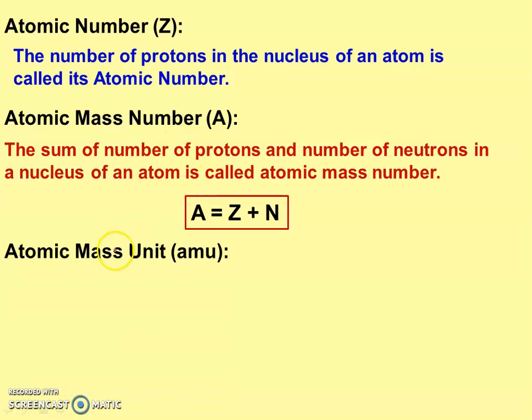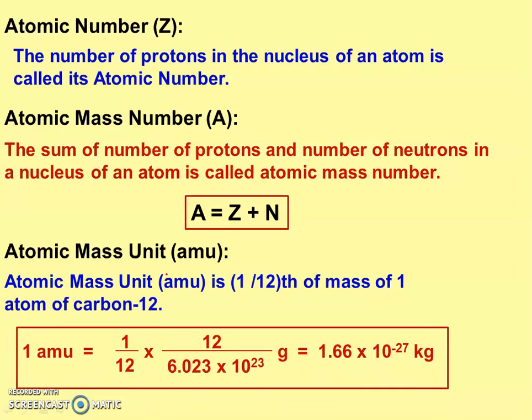Now, atomic mass unit. This is called the unified atomic mass unit. This is the smallest unit of mass. It is defined as 1/12 of the mass of one carbon atom, one atom of carbon 12.